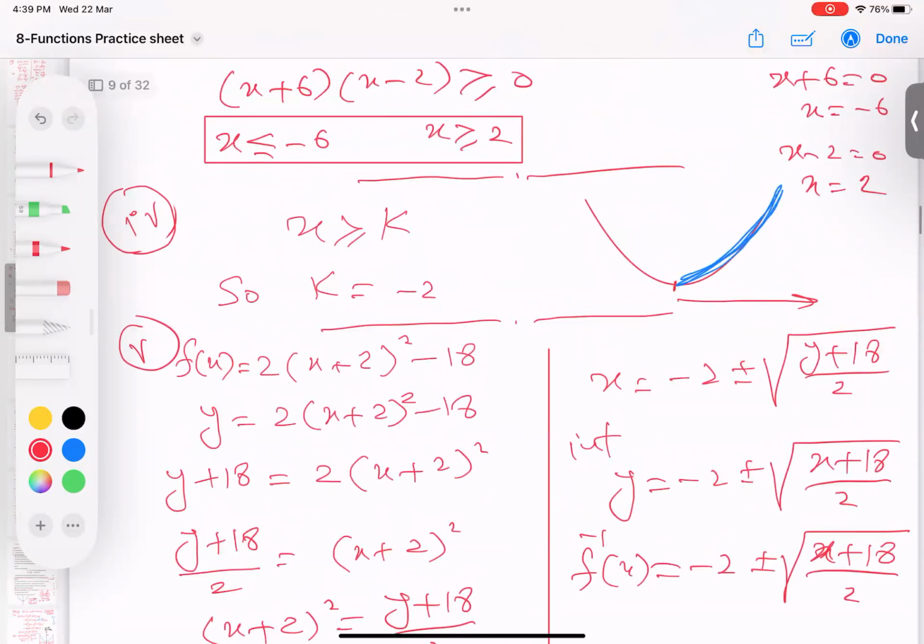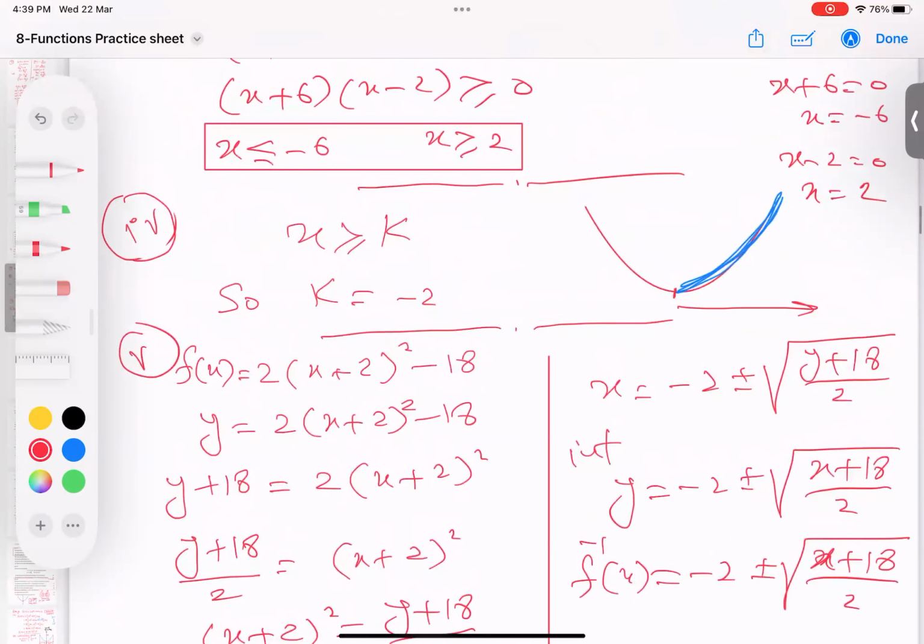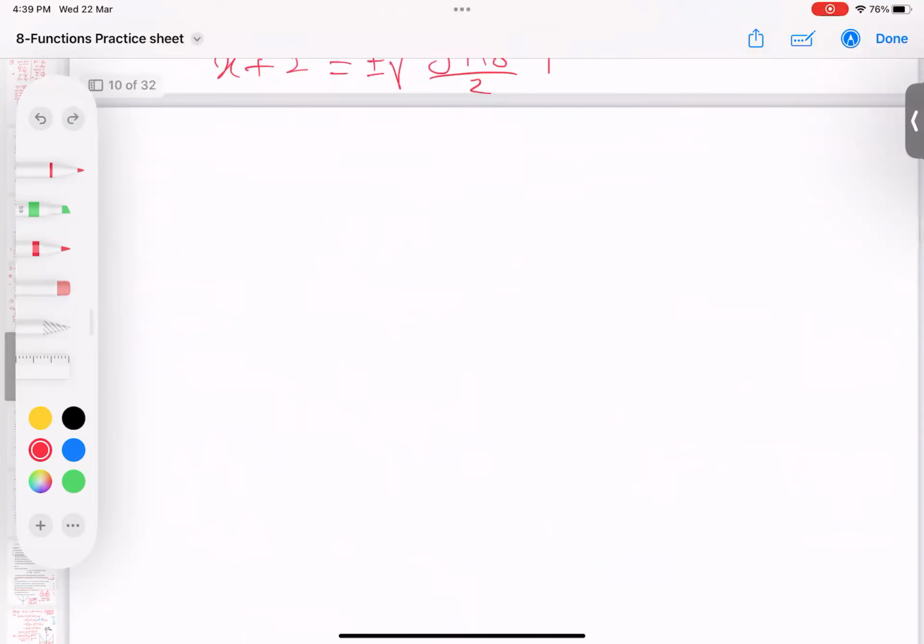Actually, the turning point is, students, you know it very well, -2 and -18. Sorry for that. It will go a little bit down. Here -1, here -2, and -1, 0. There's 1, there's 2 onwards, and -18. So 5, 10, 15, 20.